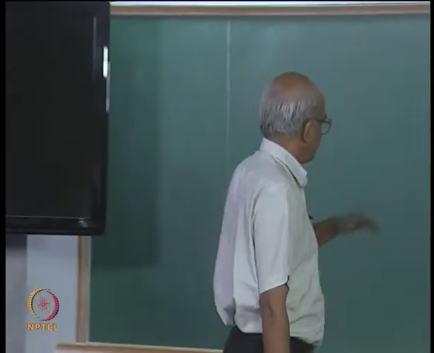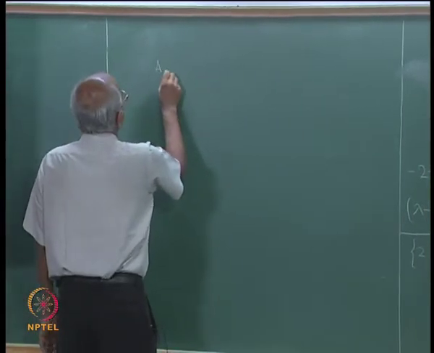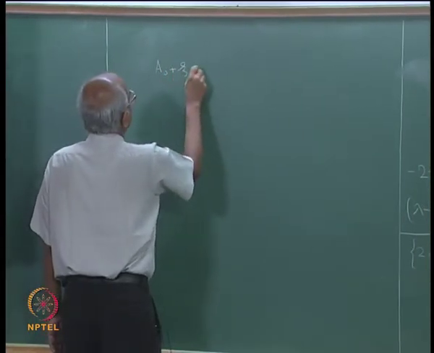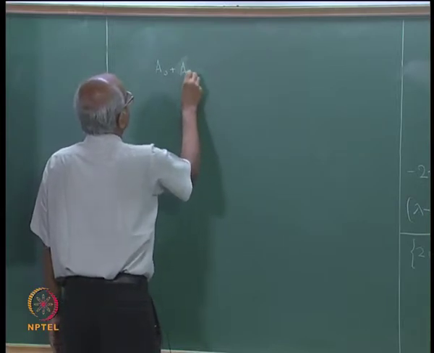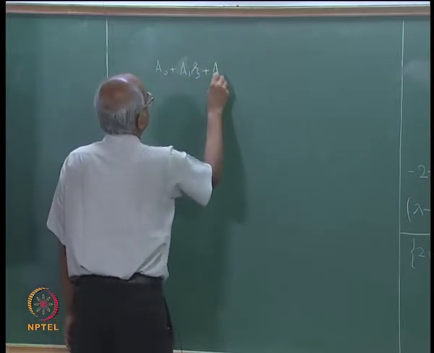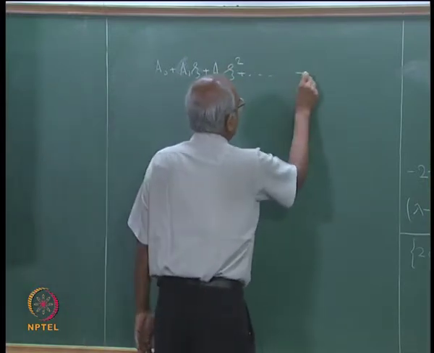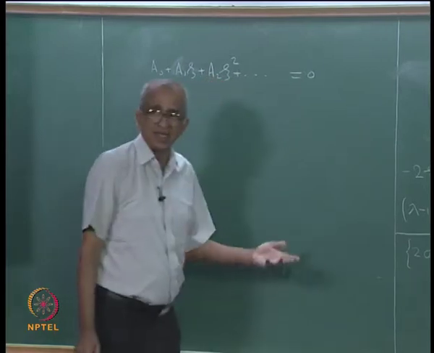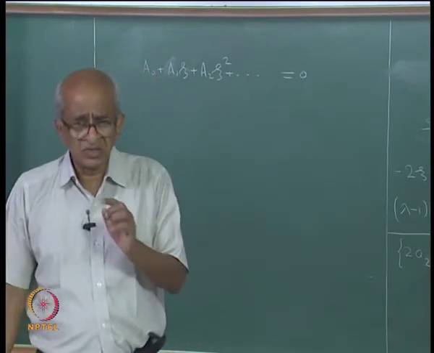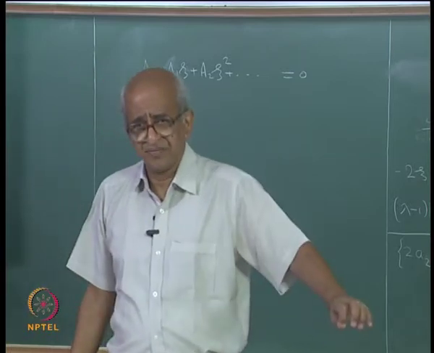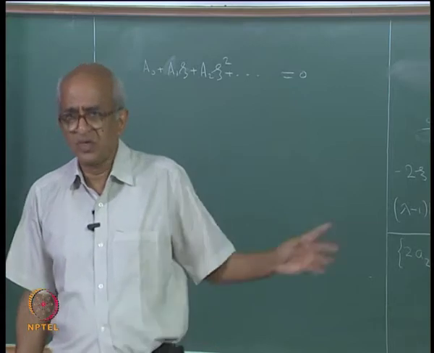So, actually if you think about this, this is of the form some constant a0 plus a1 into c plus a2 into c square plus etcetera. That is the form of this equation, speaking in general, and this has to be identically equal to 0. It has to be 0 for all values of c.